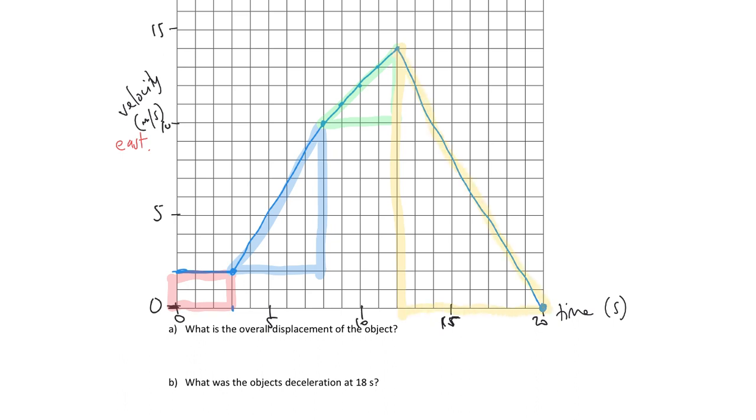Then there's a couple of rectangles, this rectangle here, and this rectangle here. We'll just number these 1, 2, 3, 4, 5, and 6.